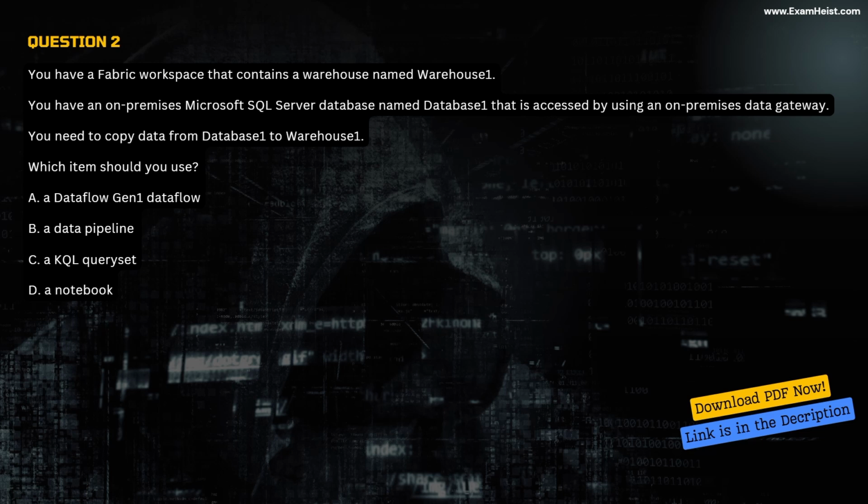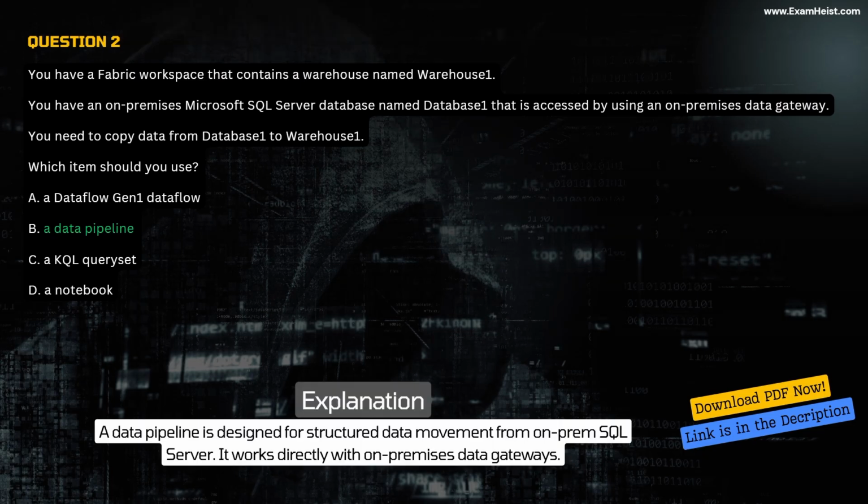B. A data pipeline. C. A KQL queryset. D. A notebook. Correct answer B. A data pipeline. Explanation. A data pipeline is designed for structured data movement from on-prem SQL Server. It works directly with on-premises data gateways.